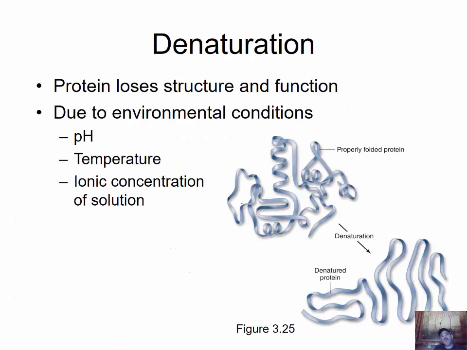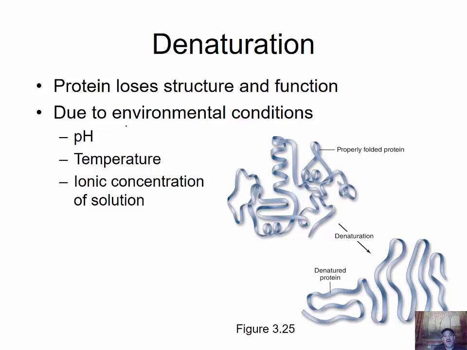Another thing to know about proteins is that they can become denatured, which is the opposite of nature, right? So in the natural form, the protein would have its normal function. If the protein loses its normal folding pattern, then it loses its function, because structure does determine the function.